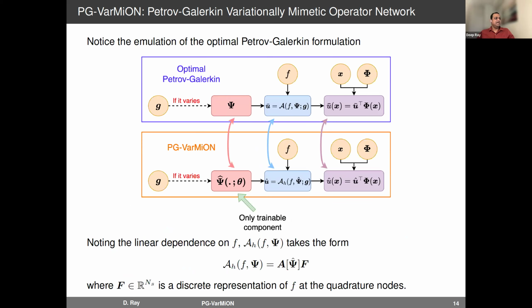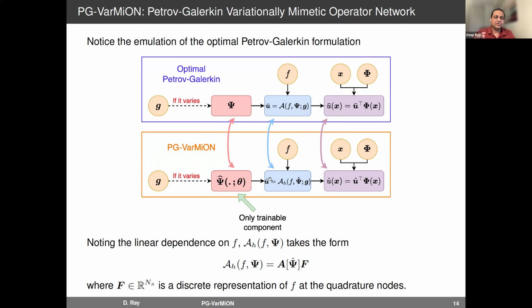Now, if I do this, we end up with an optimal Petrov-Galerkin formulation, and the emulation of the original optimal Petrov-Galerkin formulation is straightforward from this image. So instead of psi, we now have a psi hat, which depends on parameters theta. We again feed f over here into this block to calculate the coefficients of my expansion. The original coefficients are called u bar.